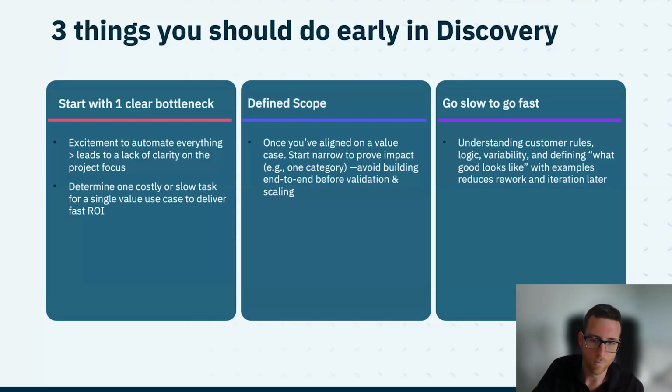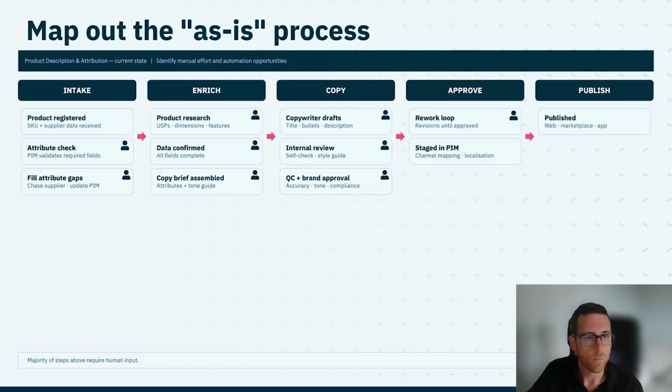Having examples of what good looks like really helps reduce the amount of iteration and rework needed within prompting later on down the line. So spending time to think about this at the start in discovery really helps the project run quickly later on.